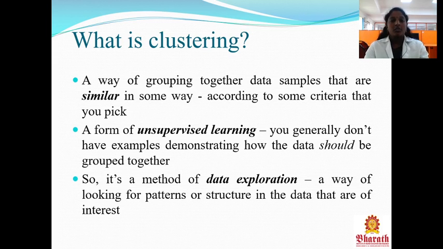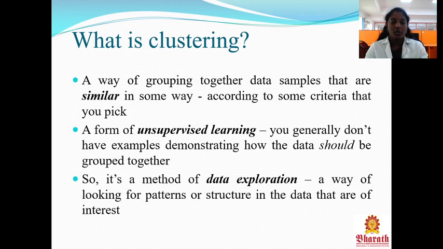All the clustering algorithms come under unsupervised learning, because unsupervised learning is where we don't have any prior information on the data, whereas we also have supervised learning. In supervised learning, we have some knowledge about the data and the labels are already known.